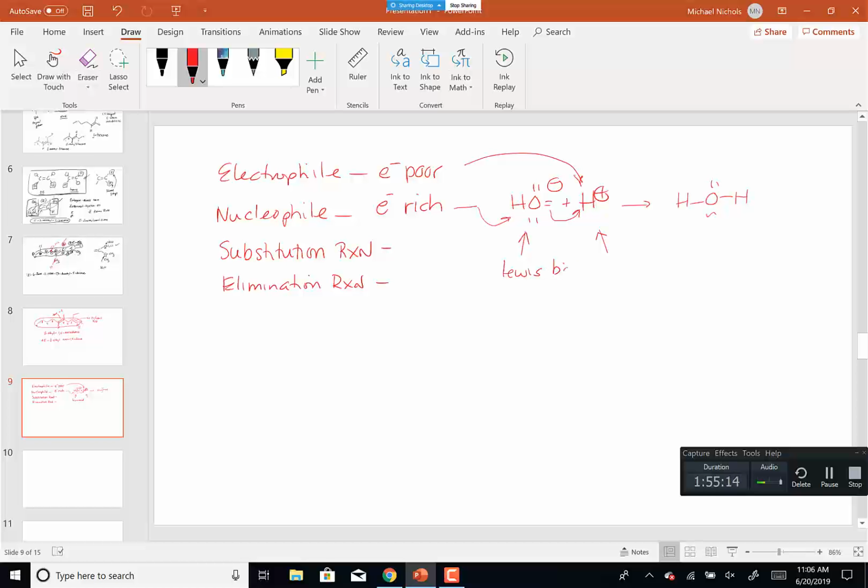It's a Lewis base. And the Lewis acid is the one that has the ability to accept the electrons. So what's opposite about Lewis acids and bases and Bronsted-Lowry acids and bases? Well, in Bronsted theory, the acid is the one that donates the proton, and in Lewis theory, the acid is the one that accepts the electrons.